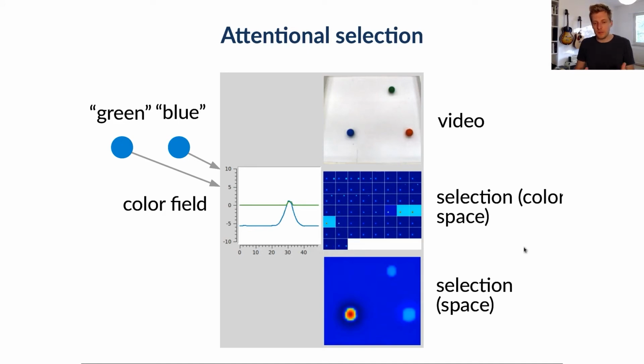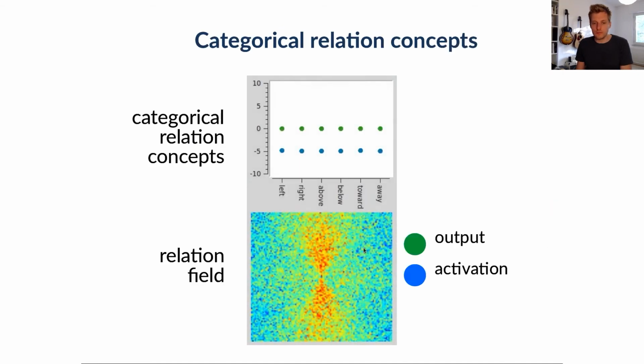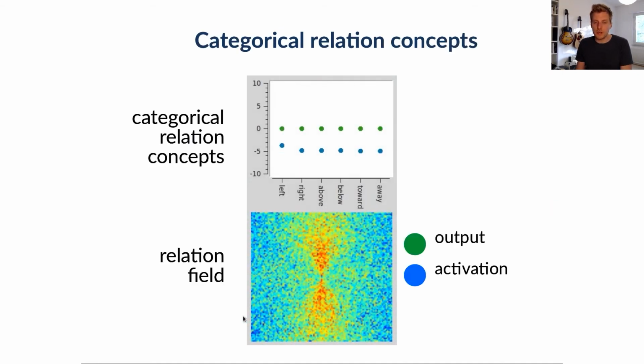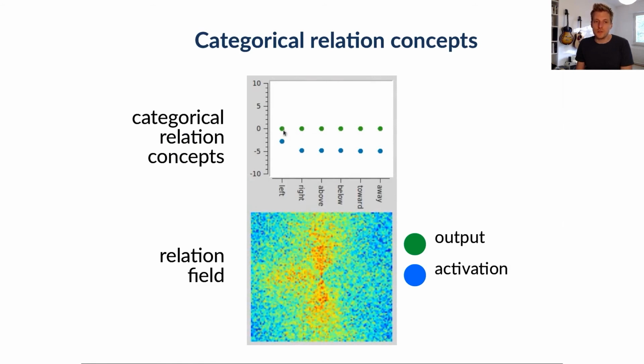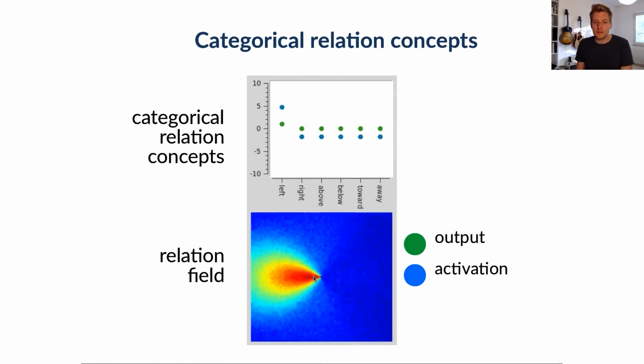And you can then maybe imagine if you have a representation like this, where you have the spatial position of an object, you could then overlay this with a spatial representation like this of a relation, and figure out whether that object is to the left of, for instance, the center.